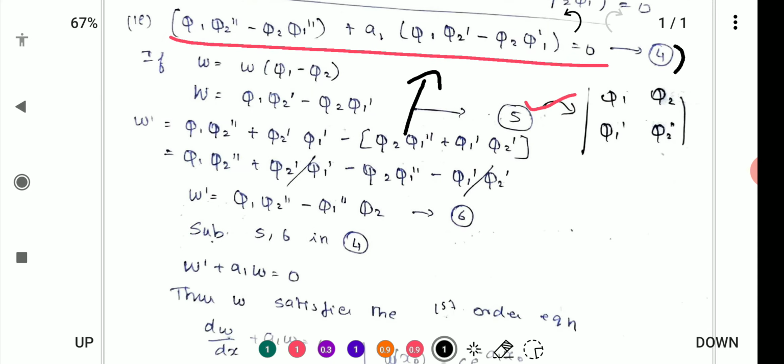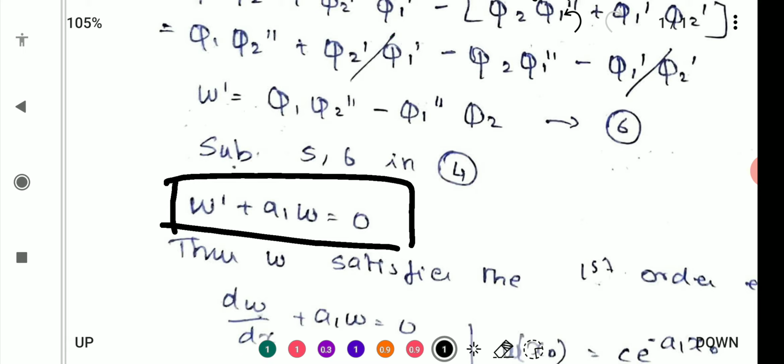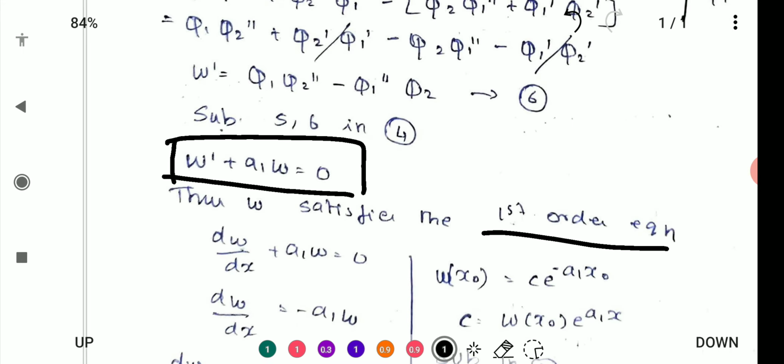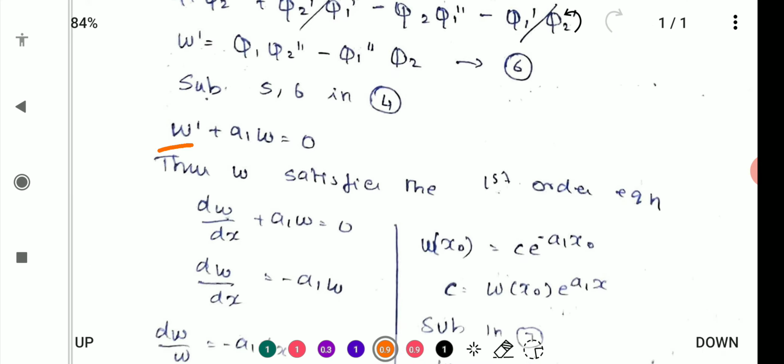Then I will be getting this equation, right? w dash plus a1 w is equal to 0, and this is our first order equation. I am going to solve this equation. So instead of w dash, I am putting dw by dx plus a1 w is equal to 0.